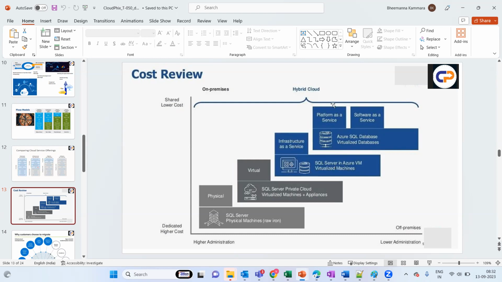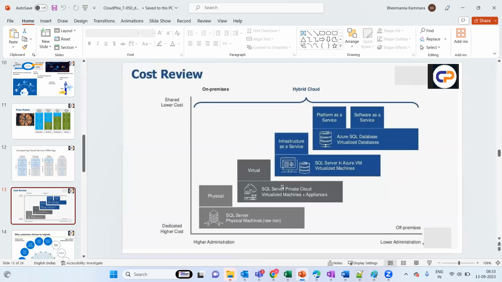When you go for the PaaS model or the hybrid one, there is a lot more platform as a service and software as a service, where everything is maintained by the cloud vendor. There is lower administration and shared, lower cost. So on-premises, hybrid cloud, or complete cloud, you get lower administration and the shared cost reduces.